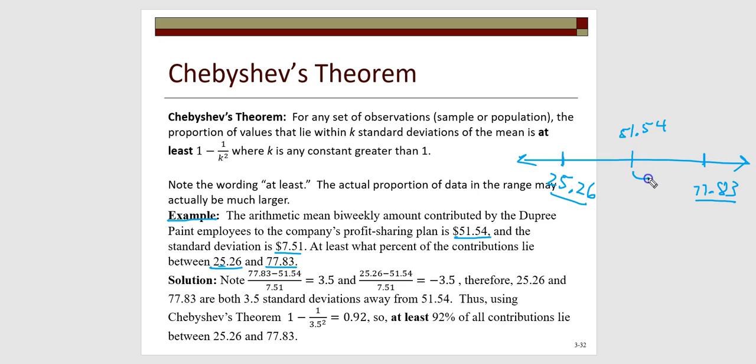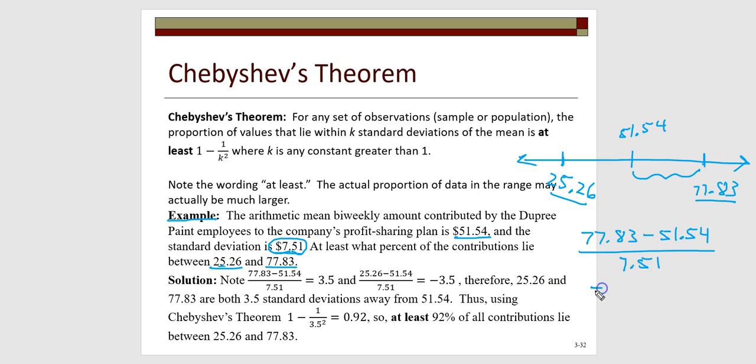So we want to know how many standard deviations that distance is. To do that, we simply evaluate 77.83 minus 51.54, and we divide that by the standard deviation we're given for the data set, 7.51.